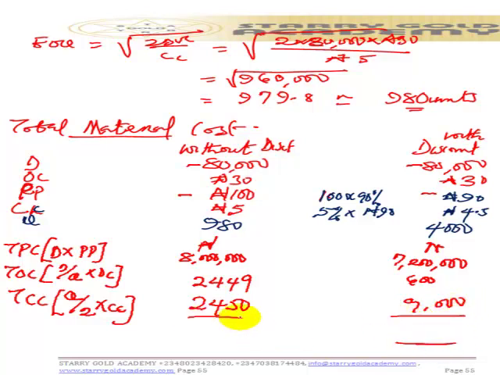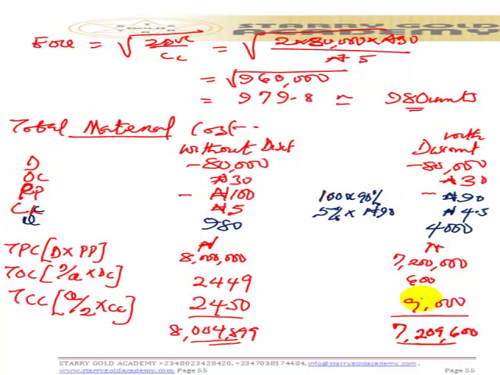So if we add up, we have 8 million and 4,899 here, and here we have 7,209,600.